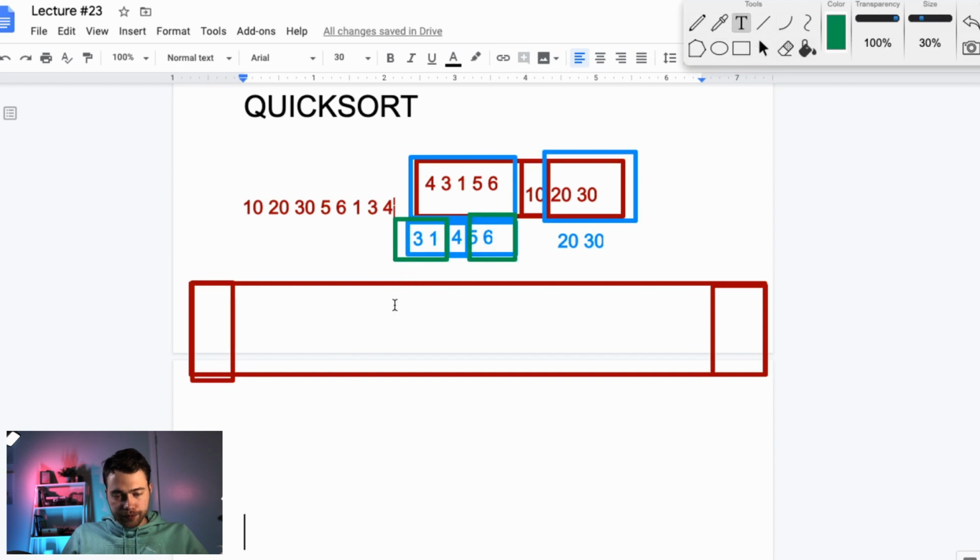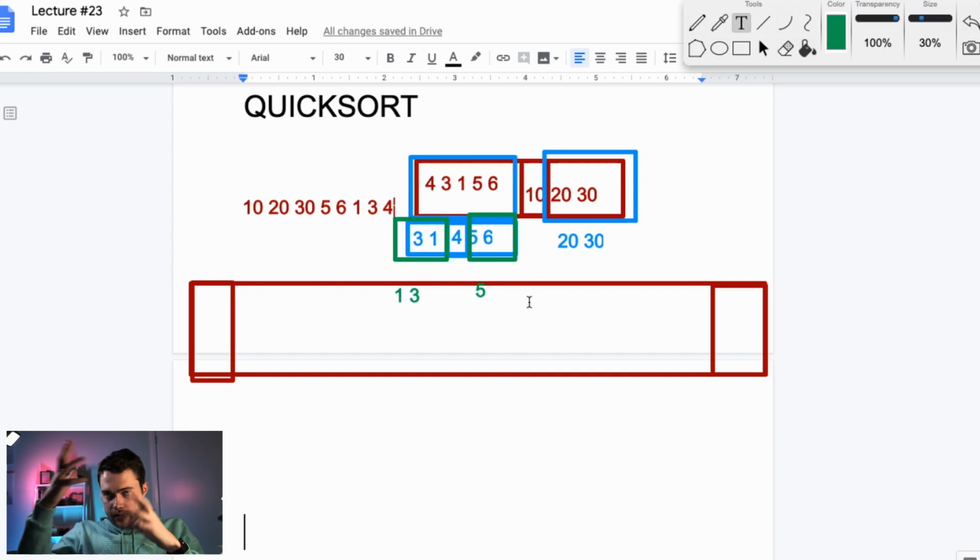So I select the pivot, which is 3, for example, right? Everything on the left from 3 should be less than 3, which is only 1. I don't have any other numbers there. And everything on the right from 3 should be greater than 3, which is nothing. Same thing for 5, 6. I select the pivot, let's say it's 5.